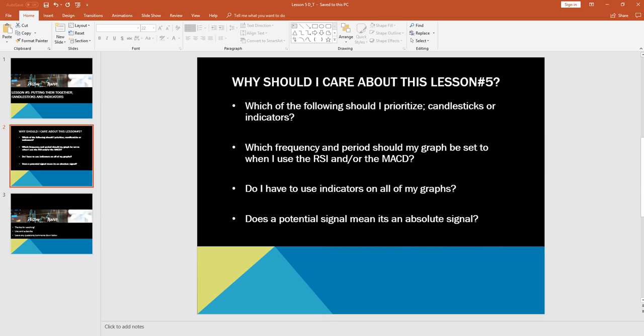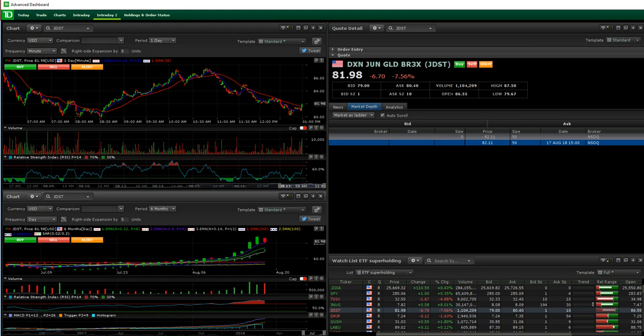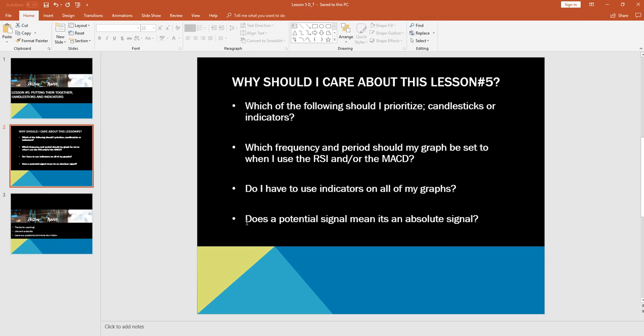And do I have to use indicators on all my graphs? Well, ask yourself if I'm using the MACD on my intraday graph. The answer to that should help you answer that one. And of course, last but not least, does a potential signal mean it's an absolute signal? I think we all know the answer to that one.